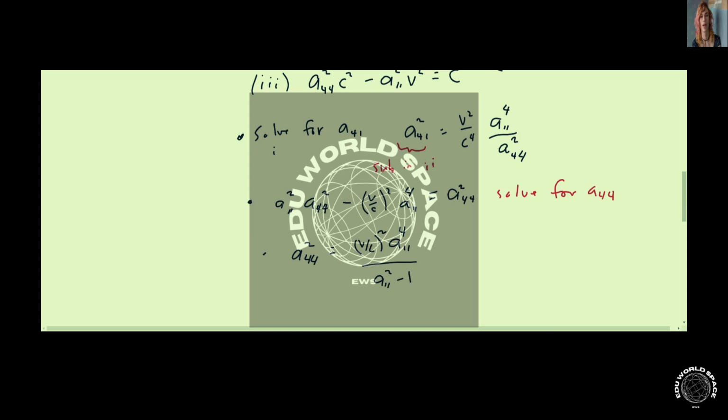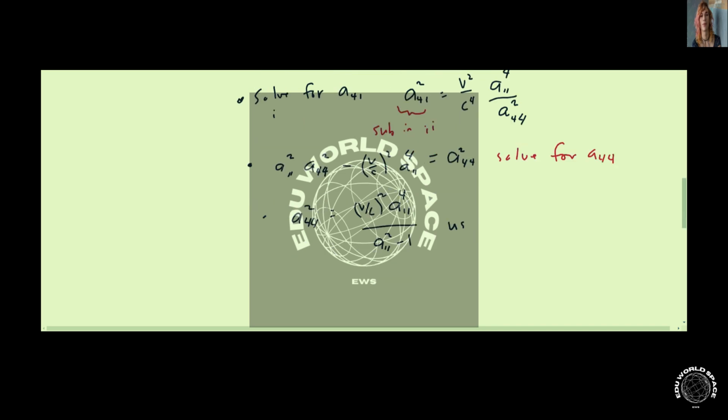Okay, and then we want to use a44 in equation 3 and solve it for a11. And that gets to be a little bit messy. I can certainly show how that works.